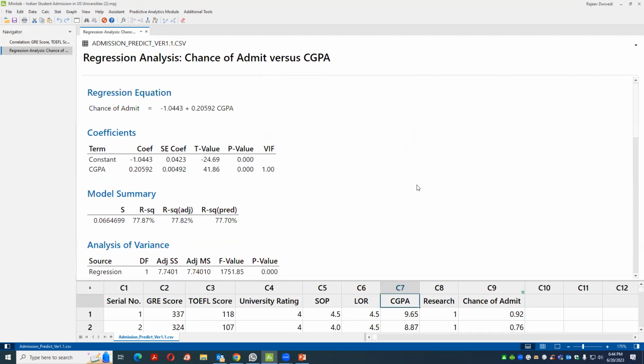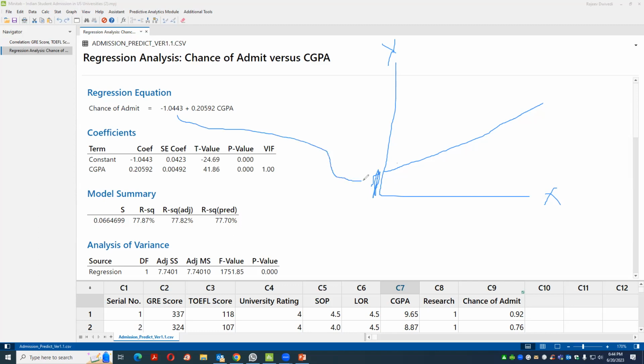Now, what is regression? Before going into the model explanation, I have to explain the concept. When you have an X variable and a Y variable and you plot these two together, you get a fit line. This value is called the intercept, the first value.